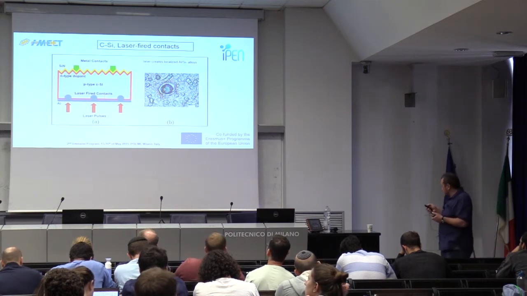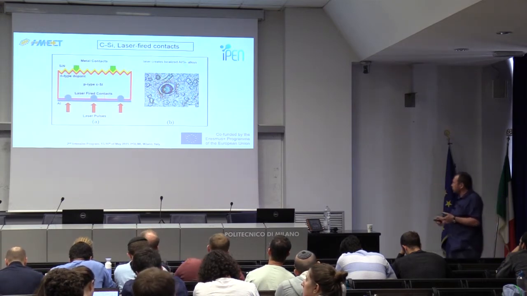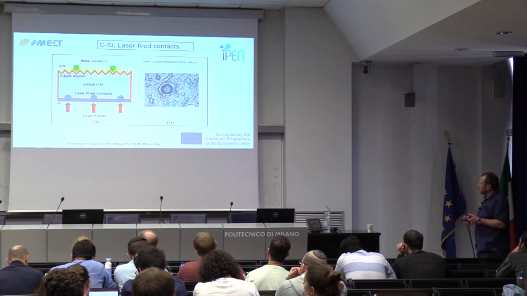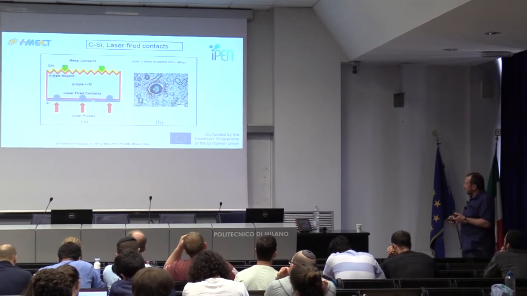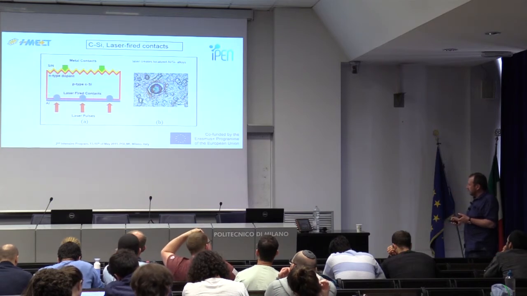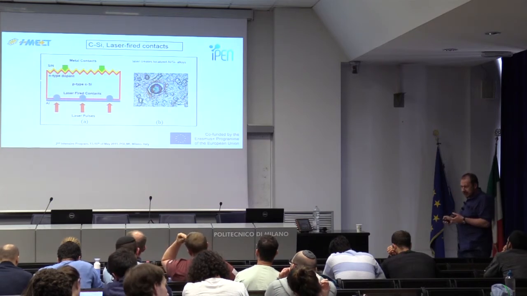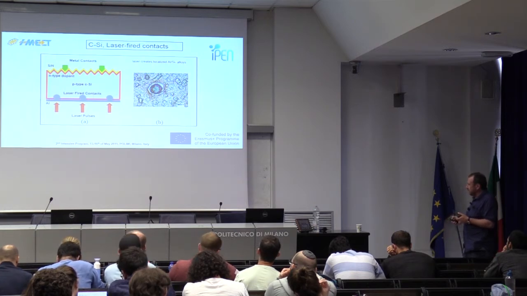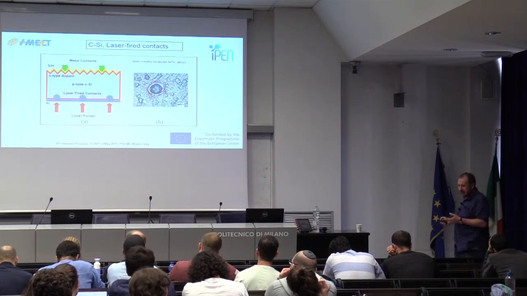And last, I think it's the last case, is so-called laser fire contacts, in which case you can melt the aluminum. By the way, after making the N-type contact on top, you have a similar N-type layer here on the bottom.